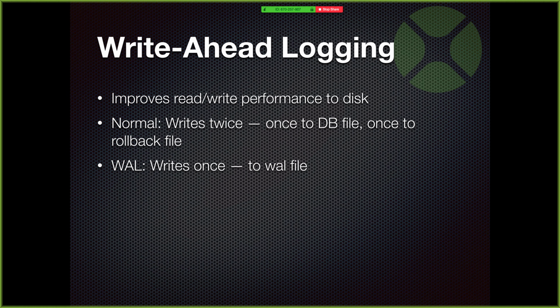So if you enable write-ahead logging, this switches it around so that rather than writing the change to the main database file and then to a rollback file, the change just gets written once to what's called a WAL file. And then SQLite internally manages which is the current data that's in the database.